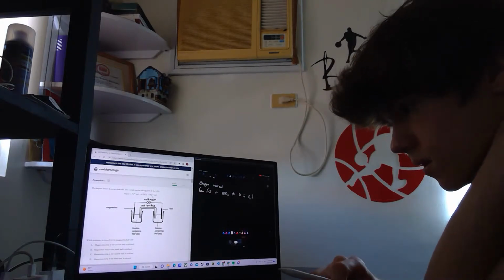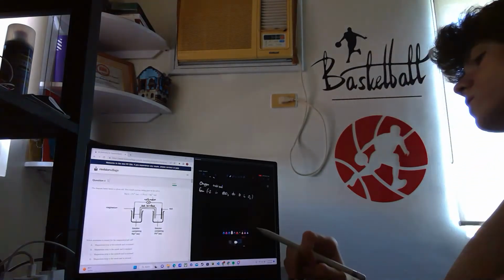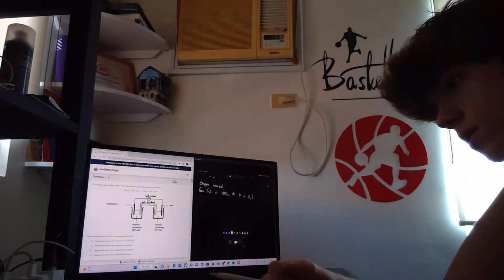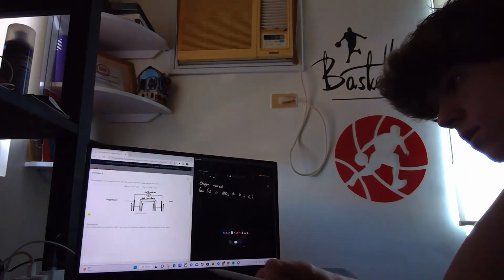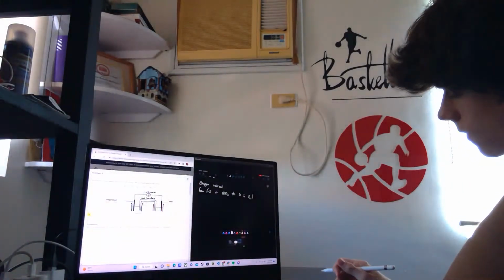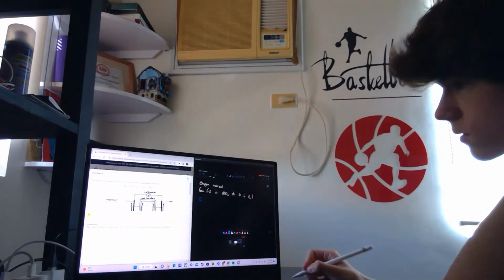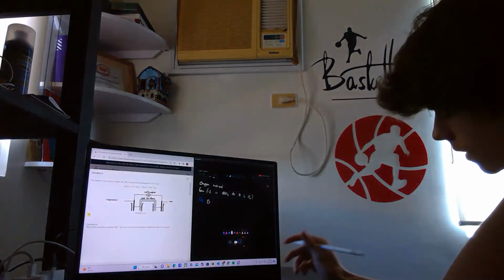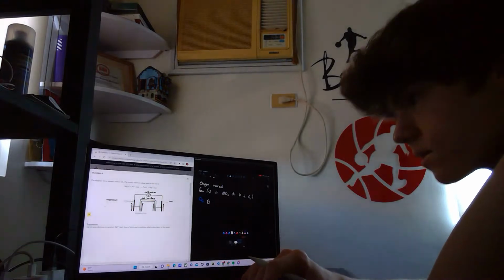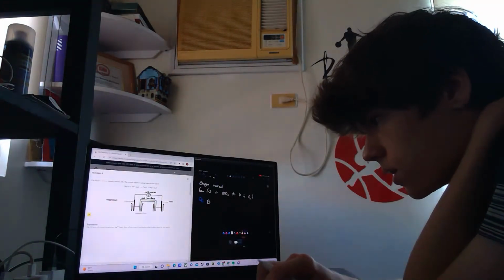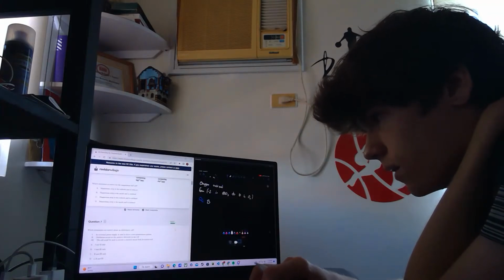So it's anode. Considering the fact that it's oxidized, it will be at the anode, correct? Yeah, B, anode. Cool. I'll write the answer down to remember that I did it. B, at the anode. Nice. Yeah, because it loses electrons, that takes place at the anode.